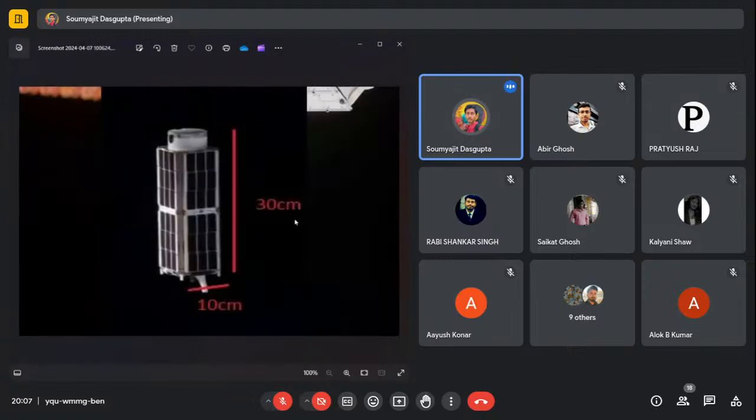If we think about the size of the CubeSat, it comes in different sizes. There is the one U CubeSat, which means 10 centimeter by 10 centimeter, a cube. Two U CubeSat means 10 by 20 centimeter. Then there is the three U CubeSat, which in this slide you can see is 10 centimeter by 30 centimeter.